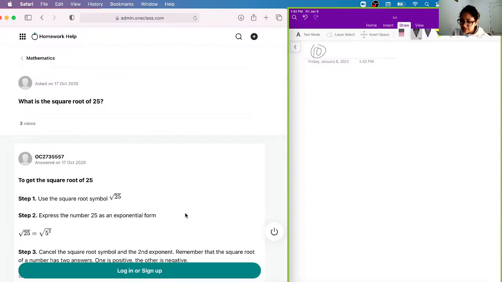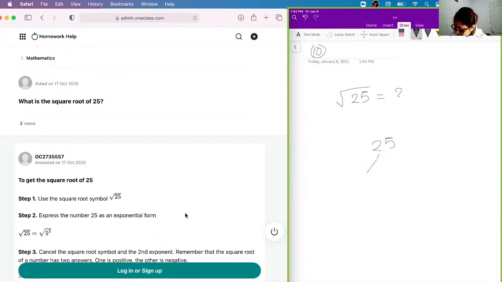Okay, so our next question says, what is the square root of 25? So let's break down what's under the square root, which is 25.